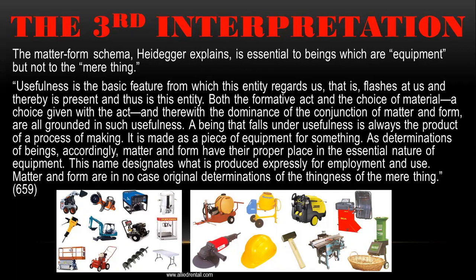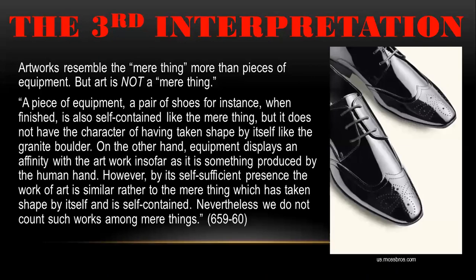It can be applied to other things, but it's a misapplication. It's properly applied to what he's calling equipment here, but it doesn't designate what we call a work of art or a mere thing. So for him, artworks resemble, in a certain sense, a mere thing more than pieces of equipment. Even though he doesn't want to say that art is a mere thing, okay, right?